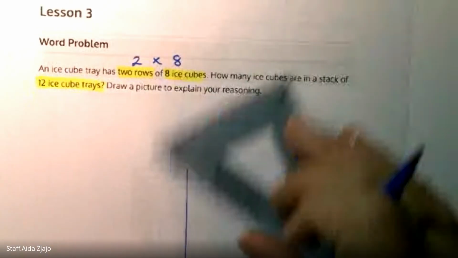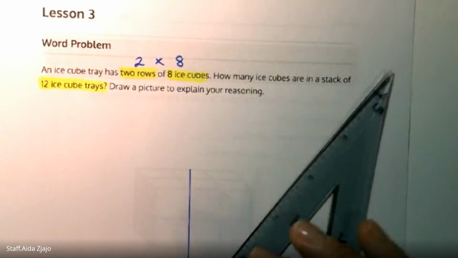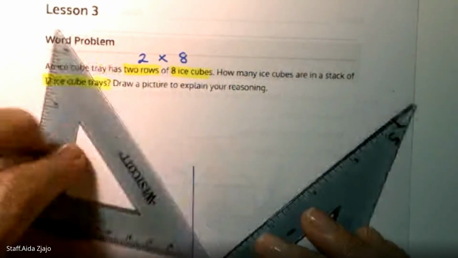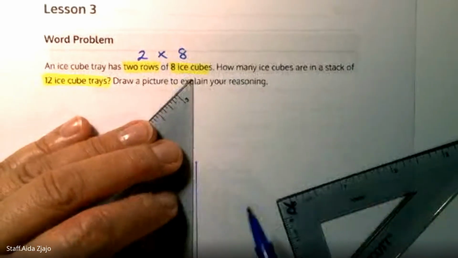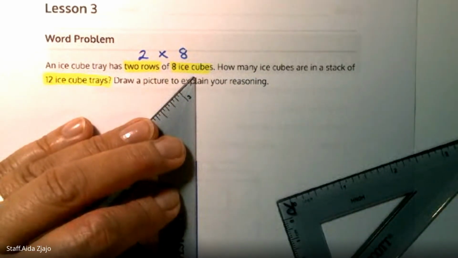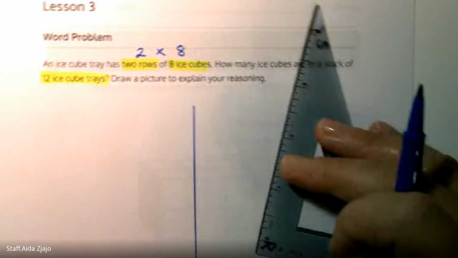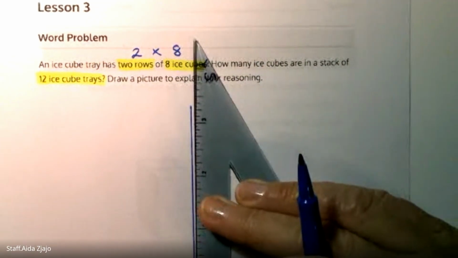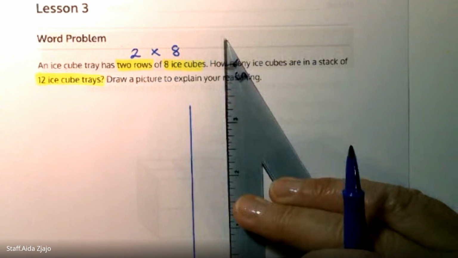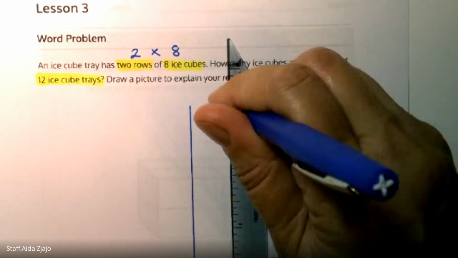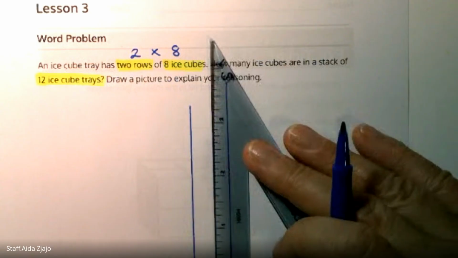I need to have 12 rows, so I'll do the best I can to create them. I need 11 lines if I want to create them. So this can go all the way up.